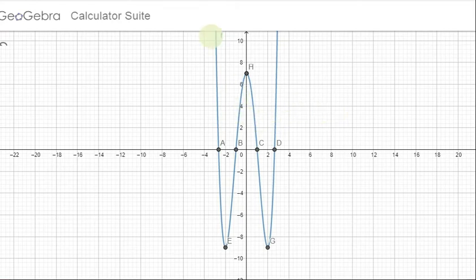It's decreasing from positive infinity until it reaches a point E at negative 2. This is a local minimum.